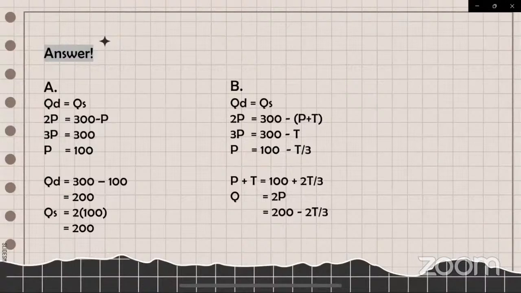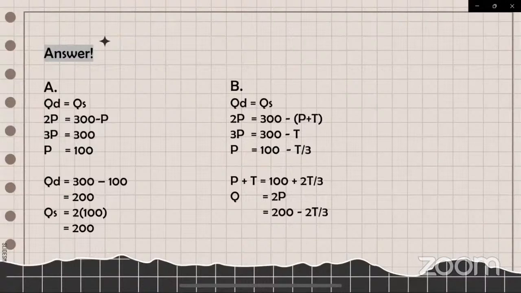For the B answer, now P is the price received by sellers and P plus T is the price paid by buyers. Equating quantity demanded to quantity supplied gives 2P equals 300 minus (P plus T).